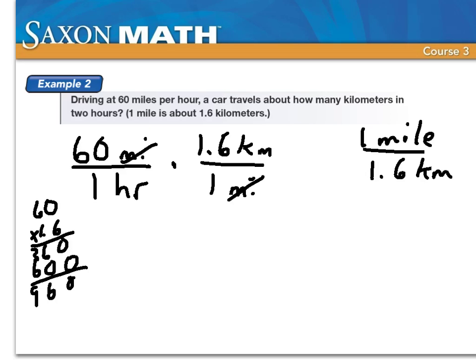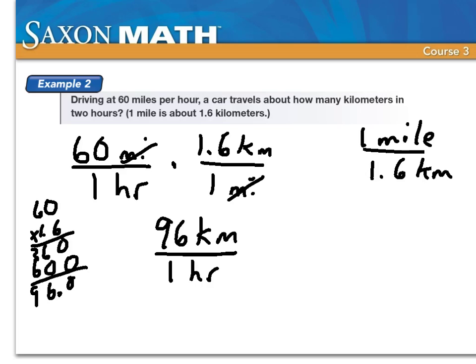And we had 1 decimal place up at the start, so it's going to be 96. So 60 times 1.6 is 96. We're going to keep our label that's still up here that we didn't cross out, kilometers. And on bottom, we're going to have 1 times 1 with the label hours. So it's 96 kilometers for every 1 hour.